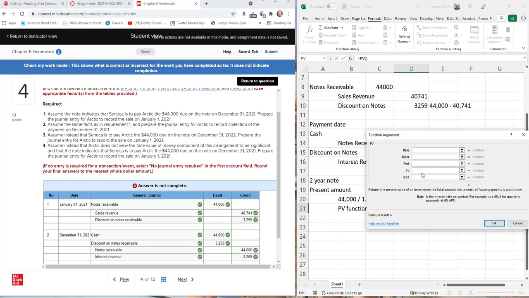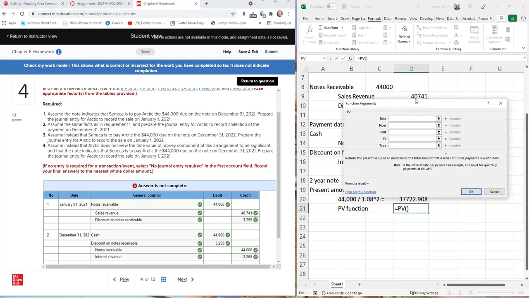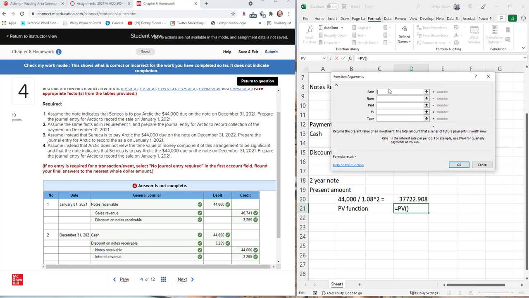We're not. In this one, we're just going to get a single payment of 44,000 at the end of 2 years. So we put in our rate as 8%. 0.08 would work too, because notice that the computer just has it as 0.08. In this case, the NPER is 2, because we have 2 years.